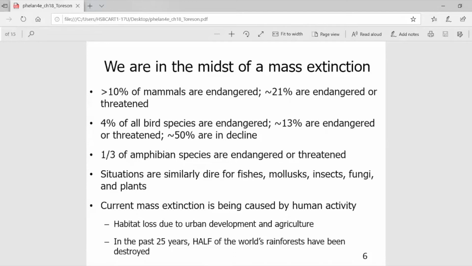And surprisingly, in the past 25 years, half of the world's rainforests have been destroyed. This is really significant since rainforests have a huge biodiversity. So if half of the world's rainforests have been destroyed, there's a lot of unique organisms that have also been lost.